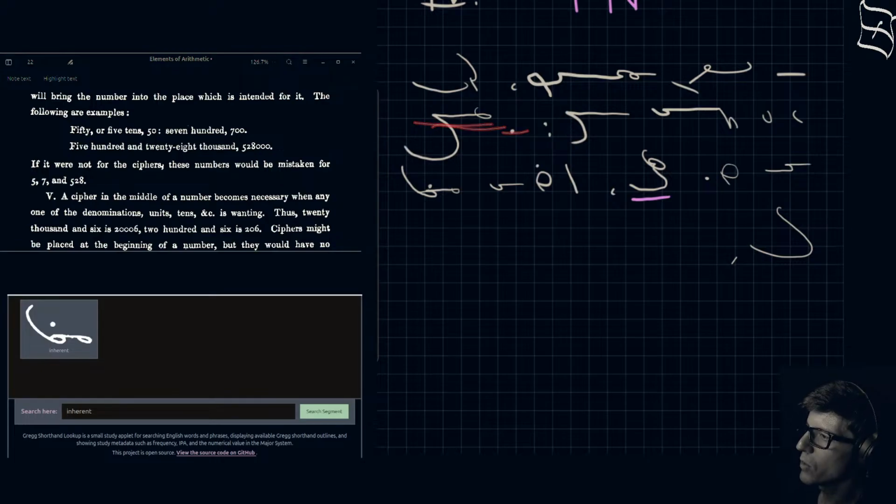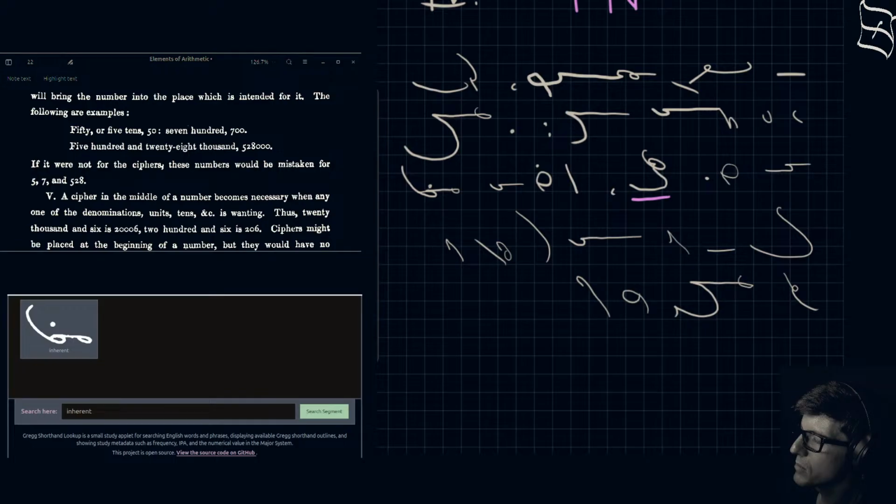A symbol known as a cipher, which has no inherent value in itself, must be used to shift values, to shift symbols that do have value, to shift symbols that do possess value.